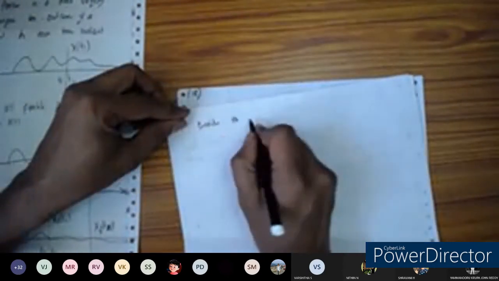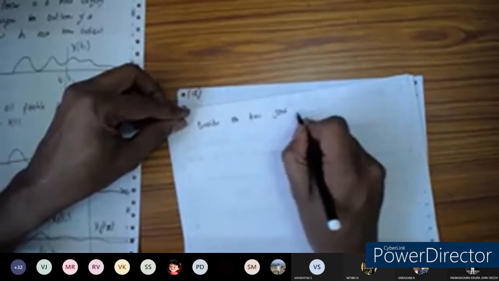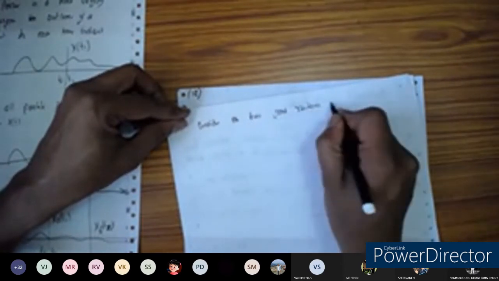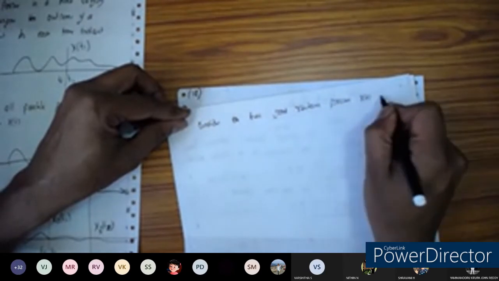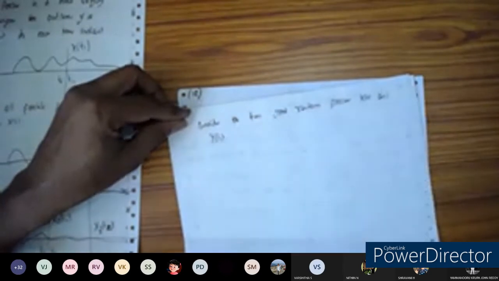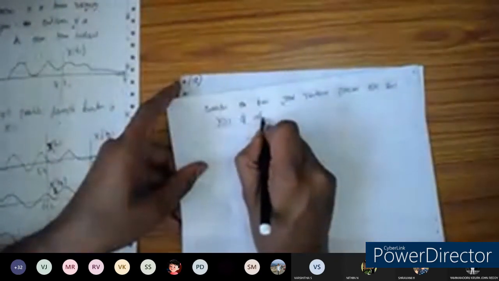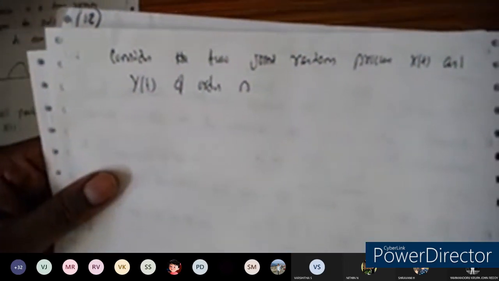So consider the two joint random processes x of t and y of t of order n.